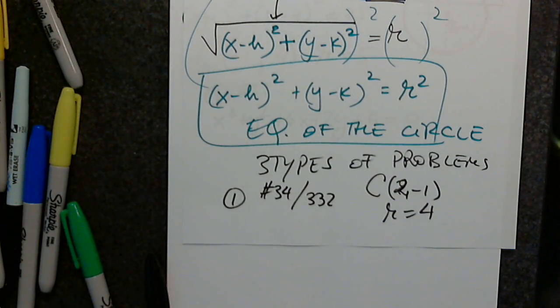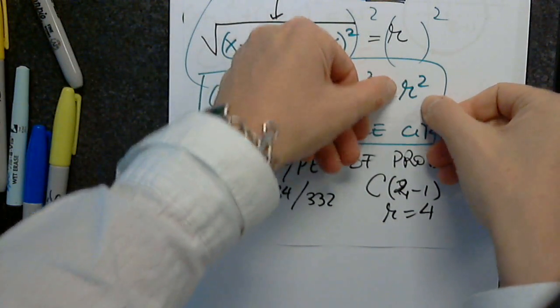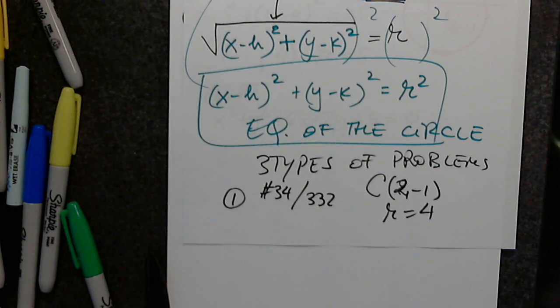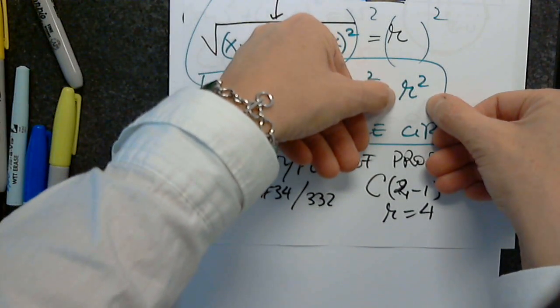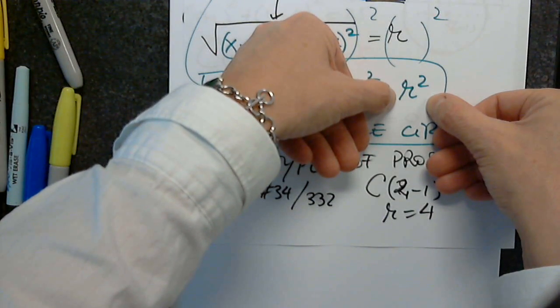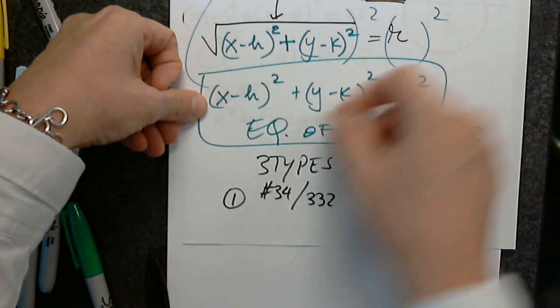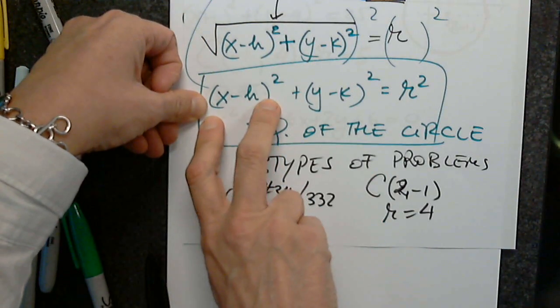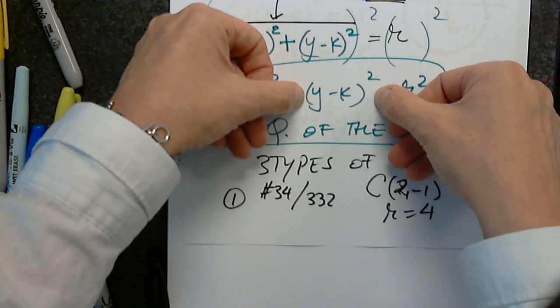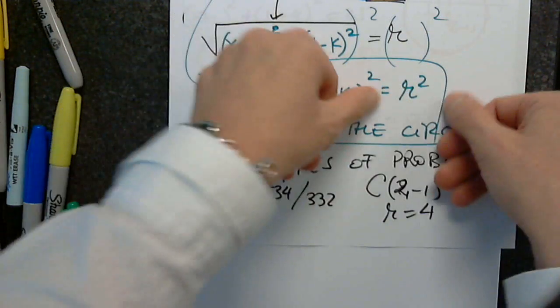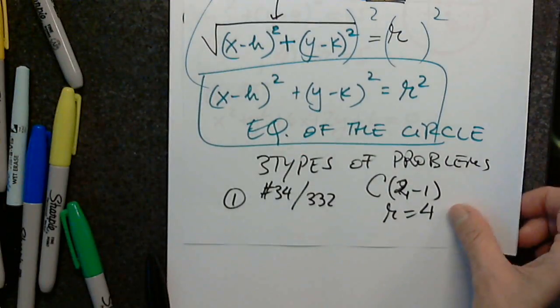It's just a point. If this number is -3, I'll say no way. There is no radius. Square root of -3 doesn't exist. It's not a real number. So this has to be a positive number, not 0. And this has to be a completed square with x plus a completed square with y equals a number. That's what this means.